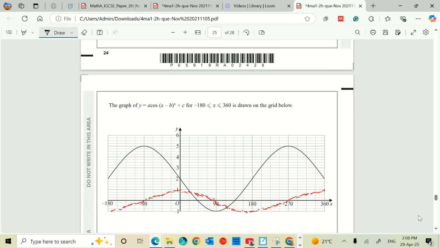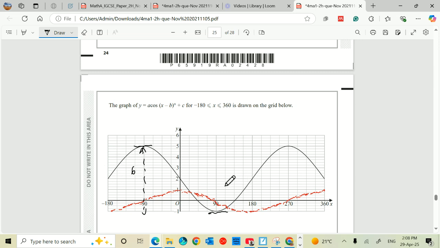Now in order to find a, which is the amplitude, I need to look at the distance from the maximum point, which is here, to the minimum point, which is here. And of course let's just draw this line down, and that will give me a value of, well, I've got 5 up from 0 and then minus 1 down, so that gives me 6.